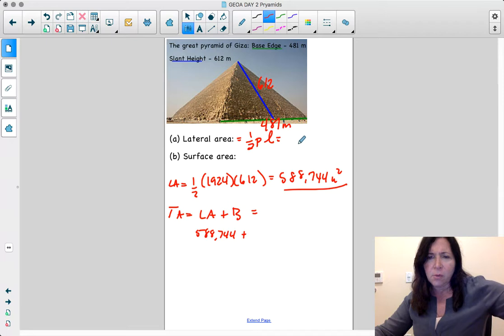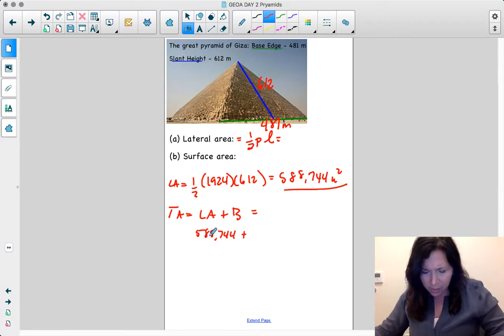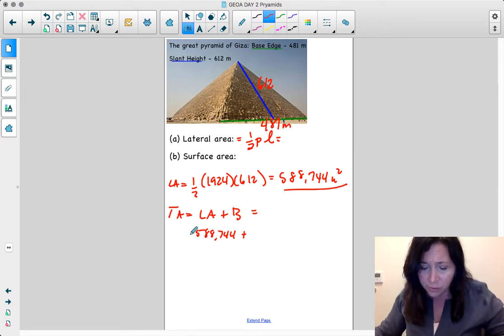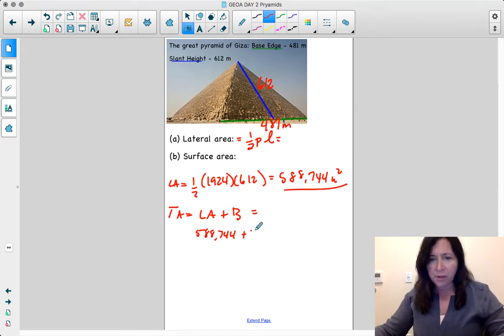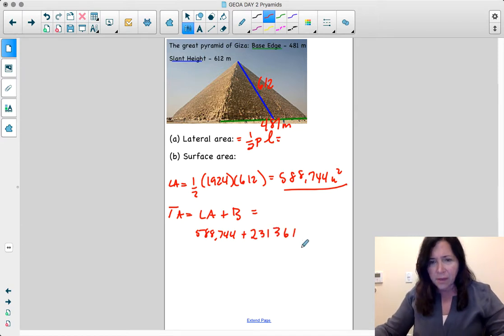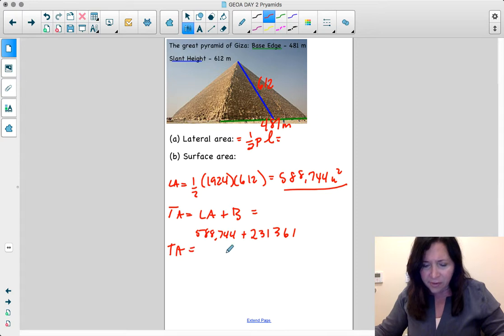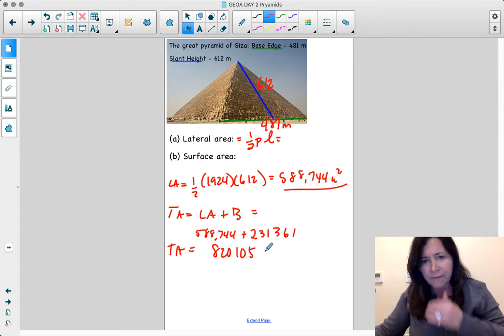So 481 times 481, and that's 231,361. So plus 231,361. So I'm going to add that to 588,744, and I'm going to get my total area is equal to 820,105 units squared.